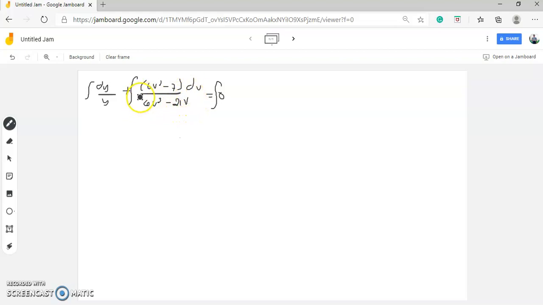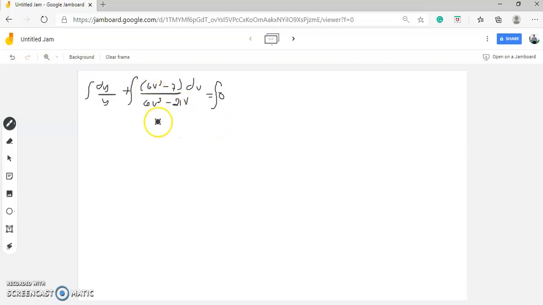We need to understand and not just say, okay, this is how you do it. We are trying to look into what we are trying to do in our solution. Look at the denominator.